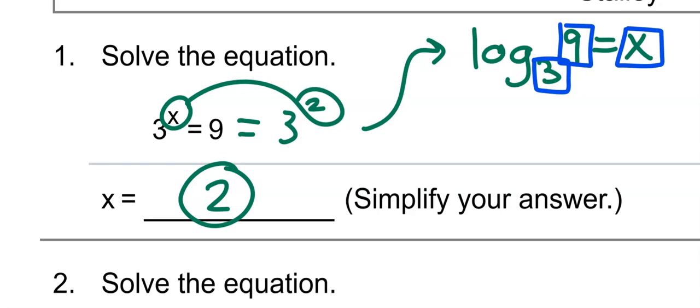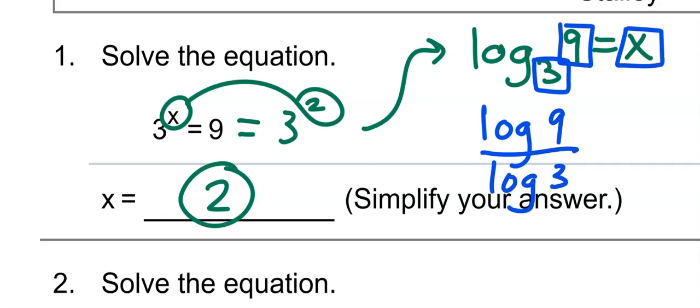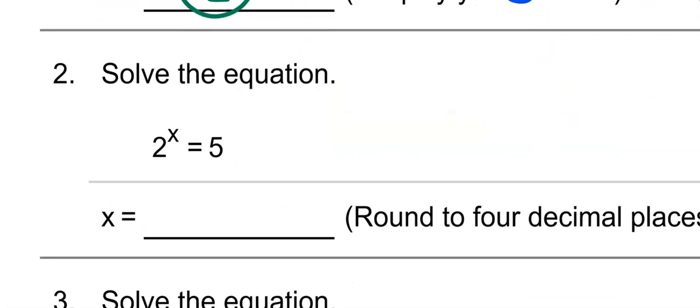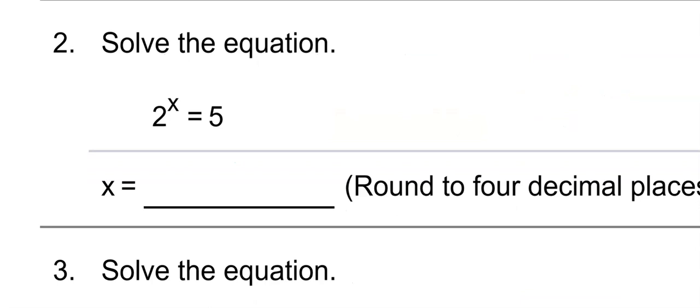Now, this would only be something I would do if 9 were not such a nice number in relationship to 3. Then I would have used the change of base theorem, log of the argument over log of the old base, and then I would have just typed it on a calculator. But in this case, we didn't need to do that. But here we do.